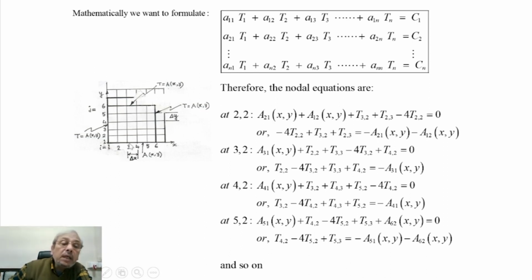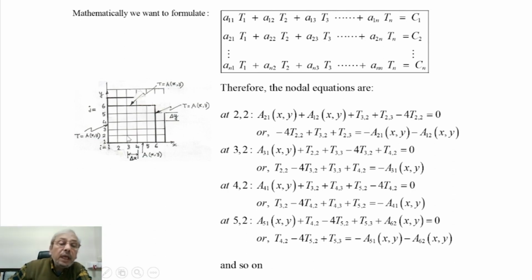So a21 and a12 are known, plus T32 plus T23 minus 4 T22. This is the equation for point 22, and we then rearrange it in a convenient way, keeping the known terms on the right hand side and the unknown terms on the left hand side.